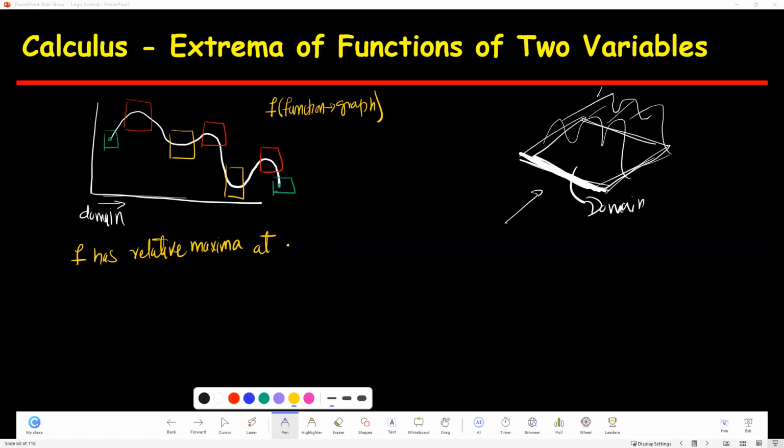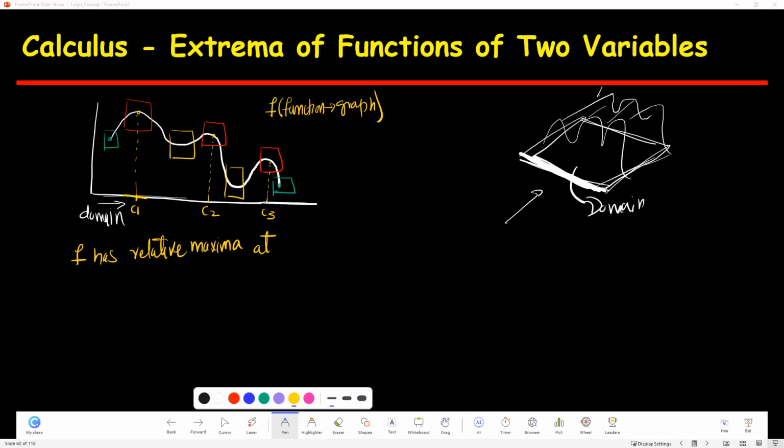When I say at, I should give the value in the domain. So I'm going to draw up here, dot, dot, dot. Then I'm going to go here, dot, dot, dot. Then go here. I'm going to extend this line a little bit, and I'm going to call these points C1, C2, C3. These are the points of consideration.